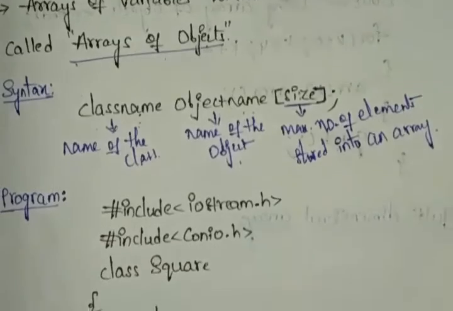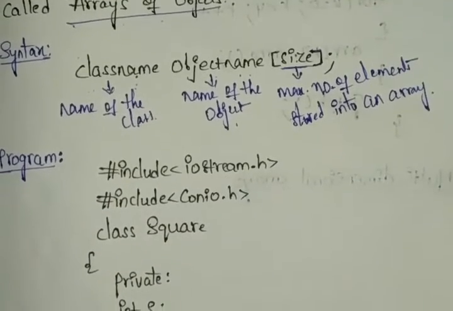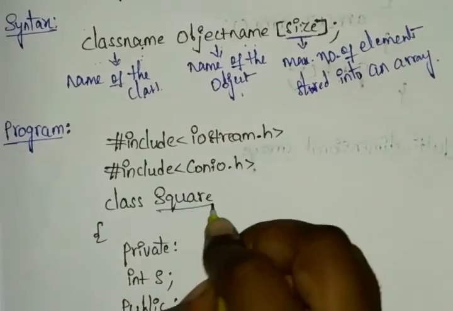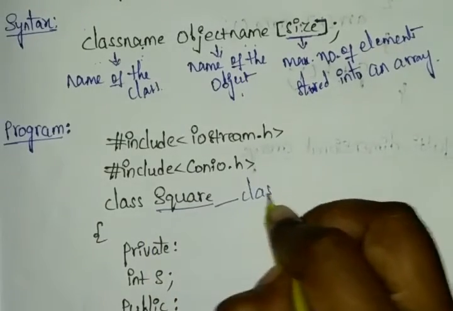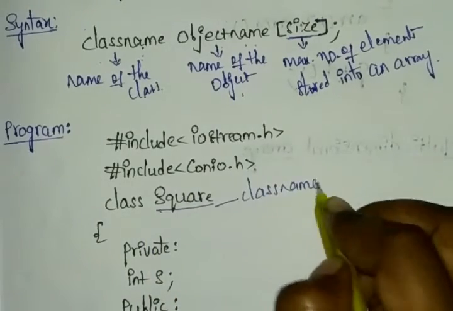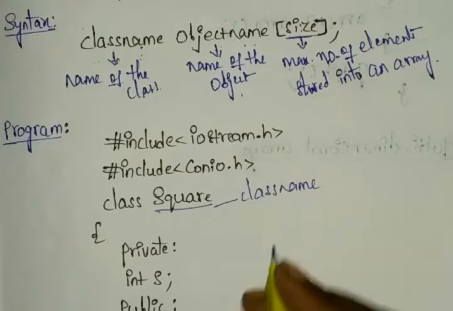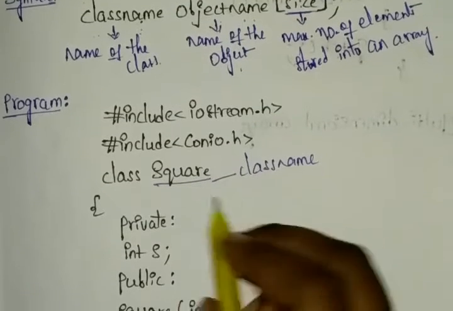Normally here I'm taking a class, and you can see the class name is Square. We need to create these classes, objects and arrays, right? Already we created the class name, and here I'm choosing private.